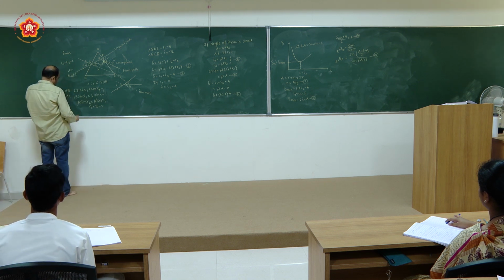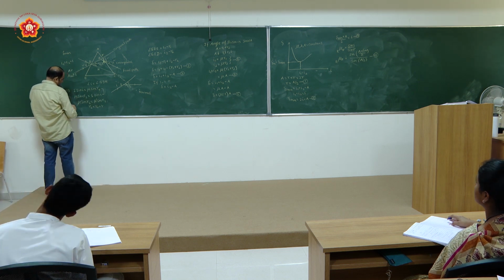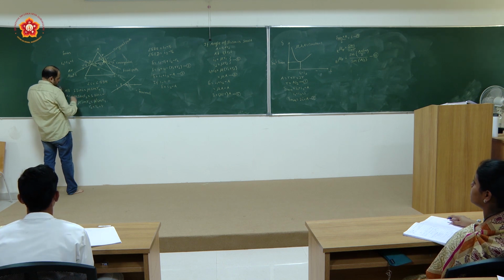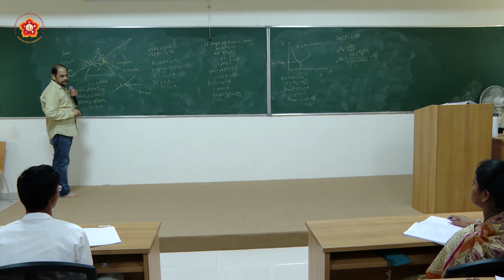Now, in this case, you have written the relation here. Mu sine of R2 is equal to sine I. Is it right?